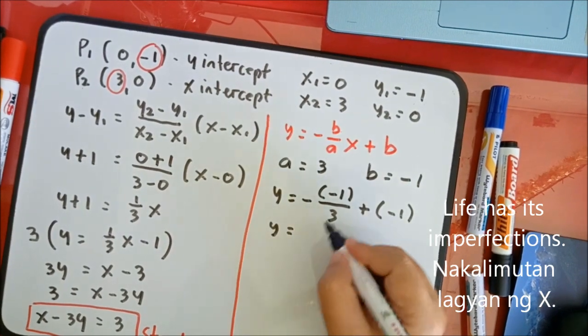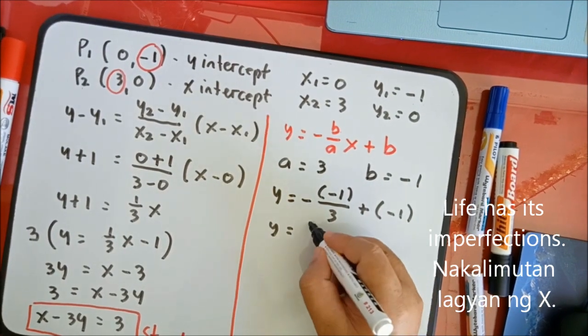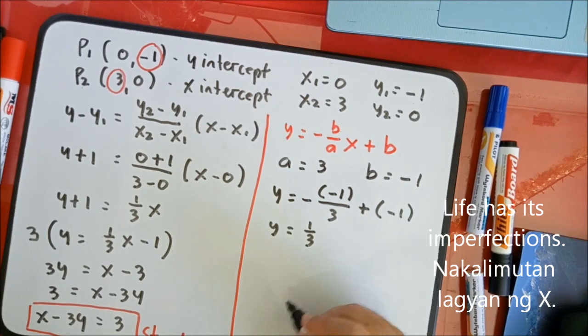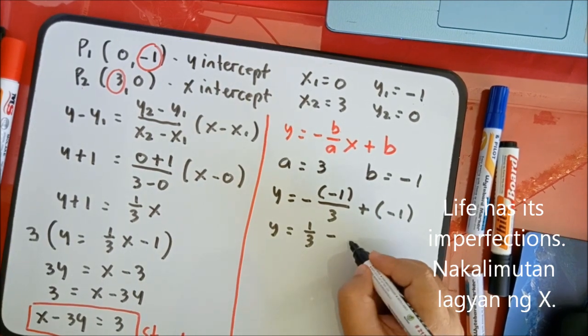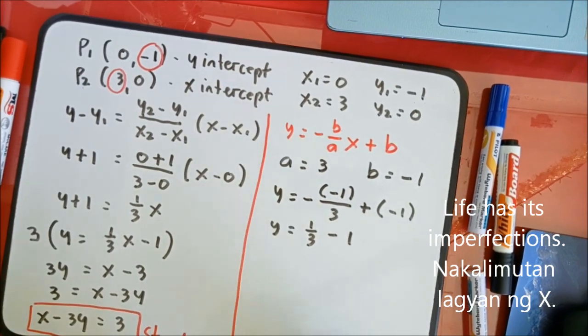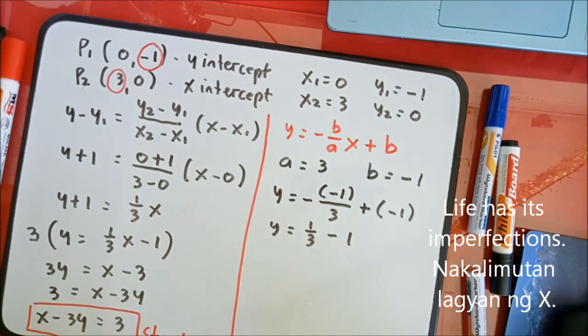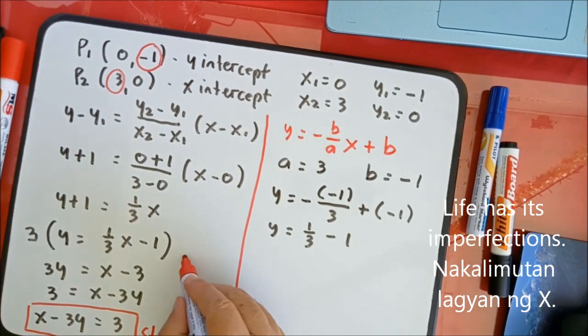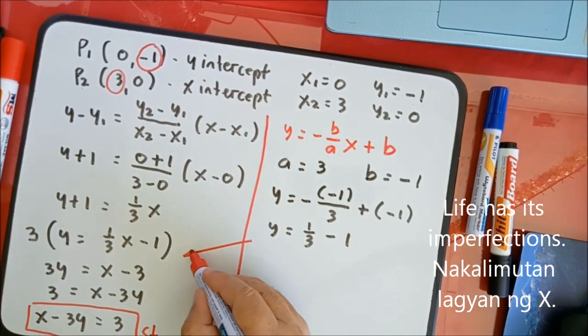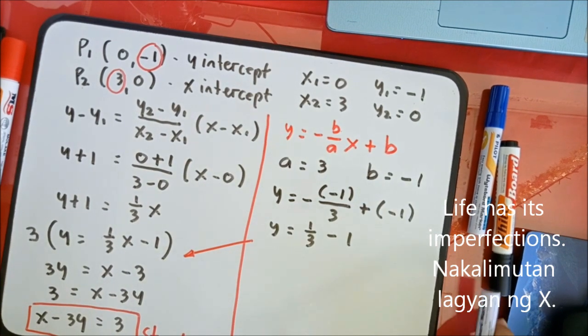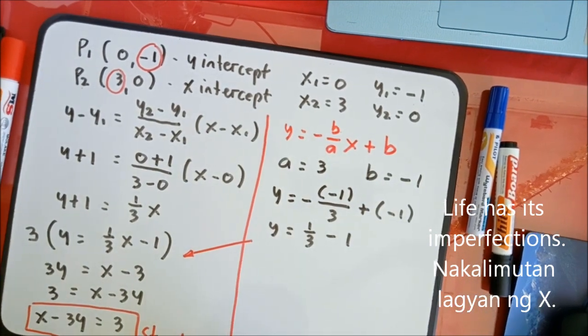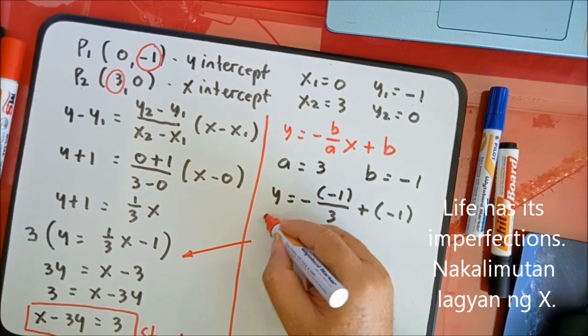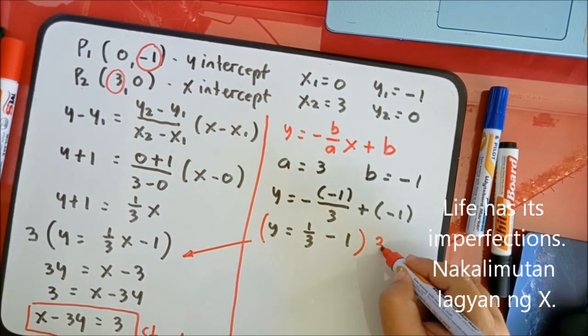So y is equals to negative times negative will become 1/3. Positive times negative will become 1. Okay. Dito pa lang, tama ka na. Okay, pareho. So, how will you convert this to standard form again? Multiply by 3.